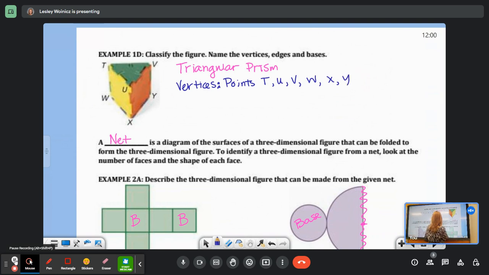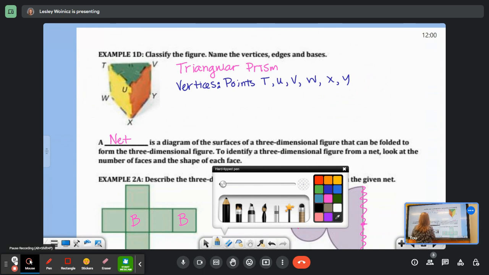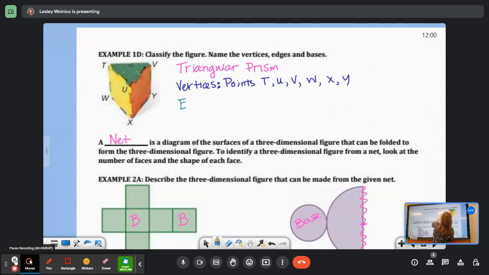Okay, the edges are TU, UV, VT. Okay, that's the top base. Now I'm going to go to the bottom base.